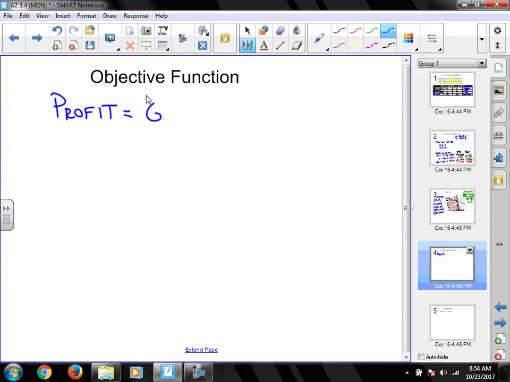We're going to get 60x plus 50y, and we don't need to test every region there. You're just going to test your vertices.